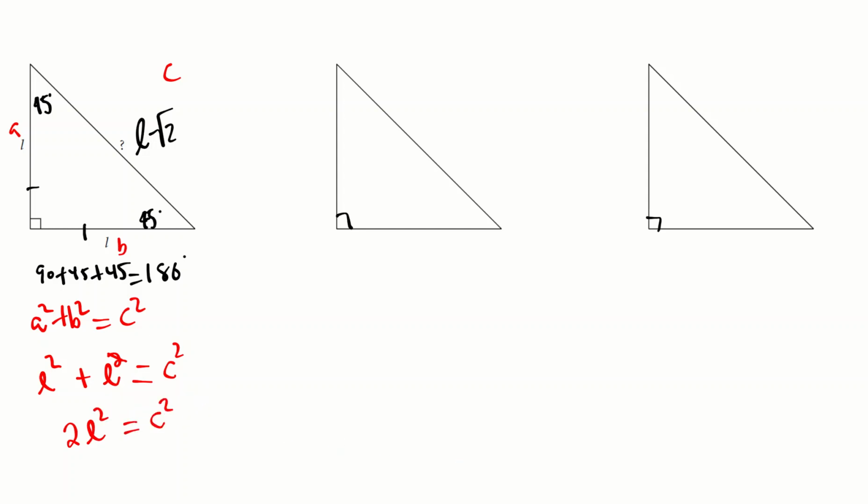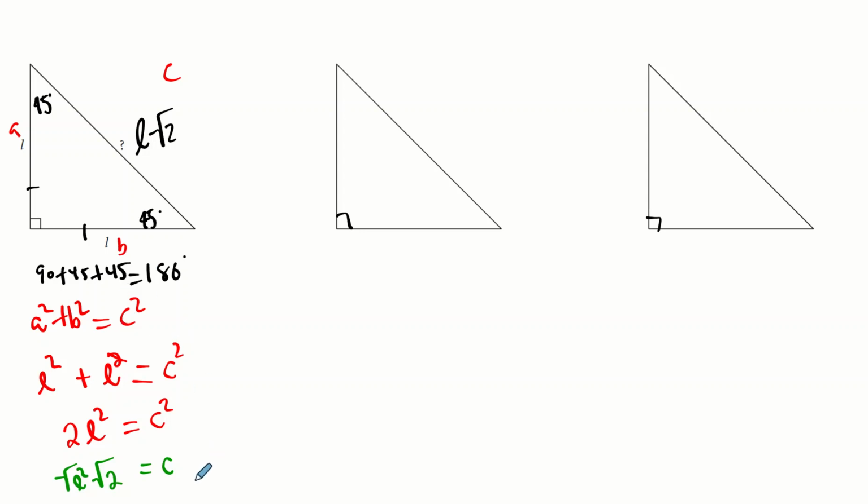Now this is where it starts getting a little bit confusing if you're not too familiar with radicals, taking the square roots of stuff. So let's go ahead and take the square root of each of these. So let's say c is equal to the square root of L squared times the square root of 2. You might have caught what I just did there. I separated them and I switched them around just so that radical 2 is on the right.